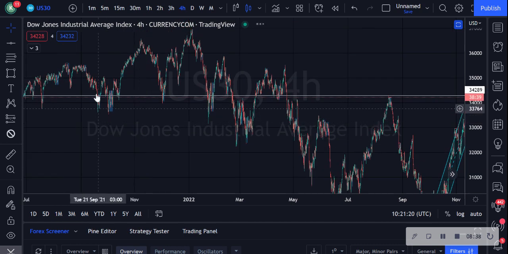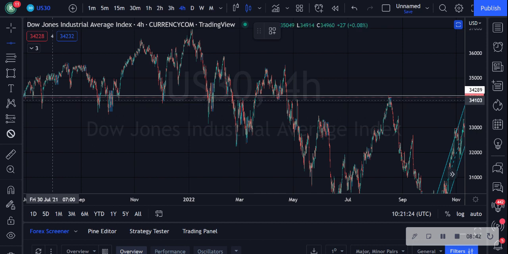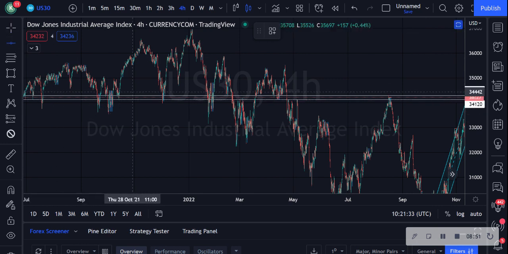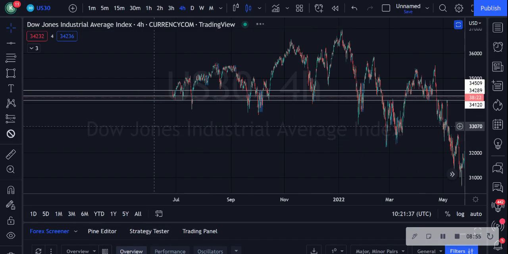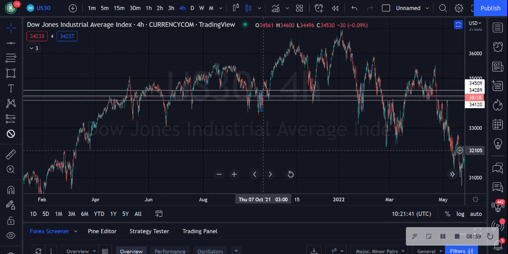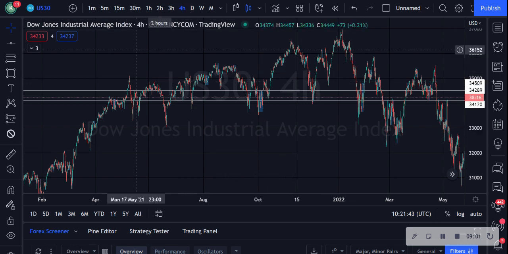Okay, and then I am going to get the line again and draw it right down here, a bit closer. There we go. On a 4 hour, you might get very tight support resistance lines. You could also drop to an hour to do it, but typically I just try and draw on the 4 hour so I can see more data, if that makes sense.